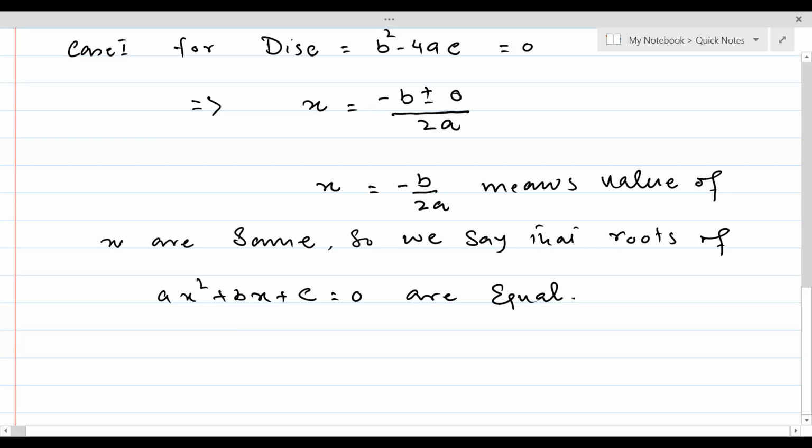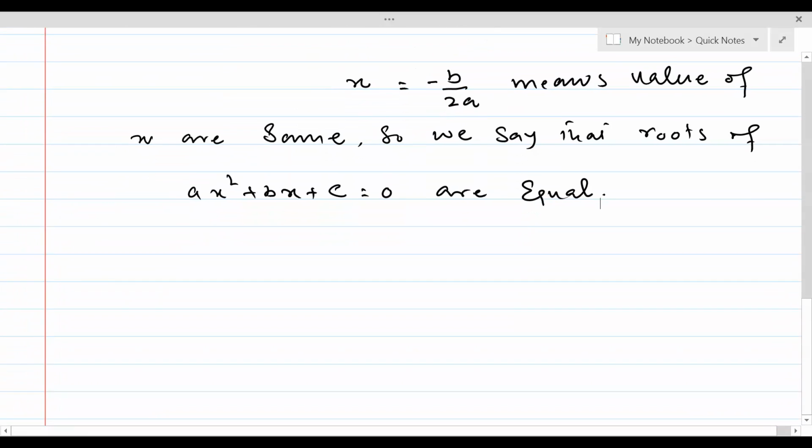This illustrates that whenever the value of discriminant b square minus 4ac is equal to 0, then the roots of the given quadratic equation will be equal.